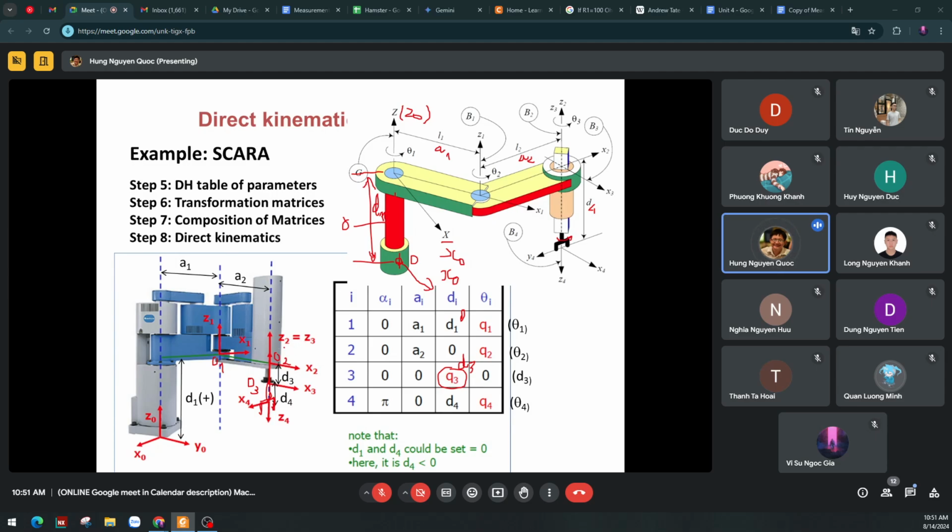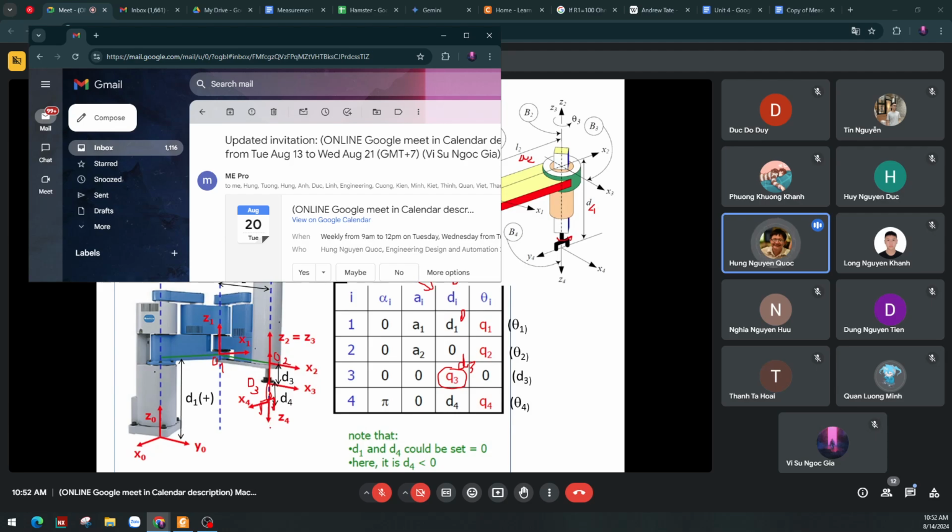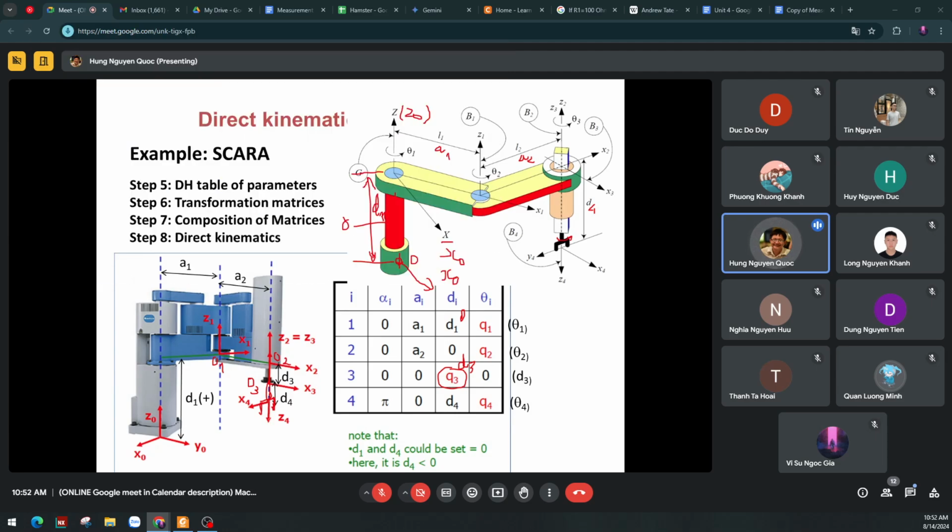In this case, Z2 and Z3 are the same, so you can choose X3 arbitrarily. Why don't you choose the same as X2? As I mentioned, if possible to choose the parameter the same as the previous, then you should choose the same. And Z4, as I mentioned, here, and X4.